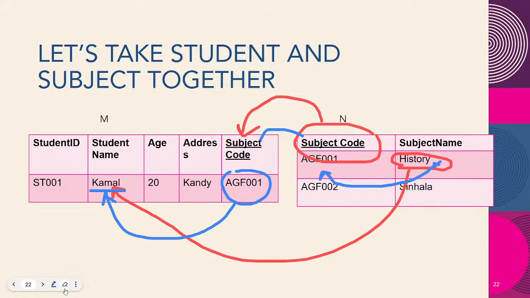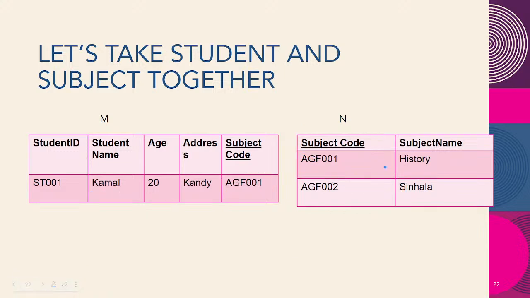But when we see the relationship, because this is a many-to-many relationship, now this is the primary key, but you can't include this ST1 again here, because a primary key value can occur only one time.